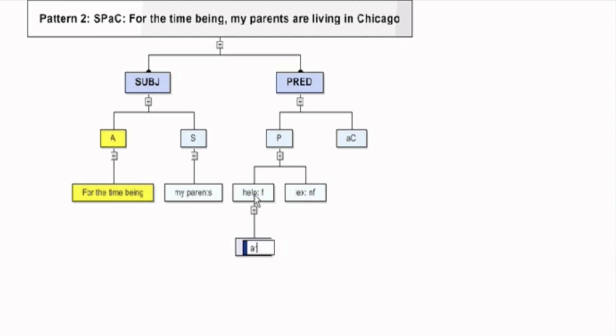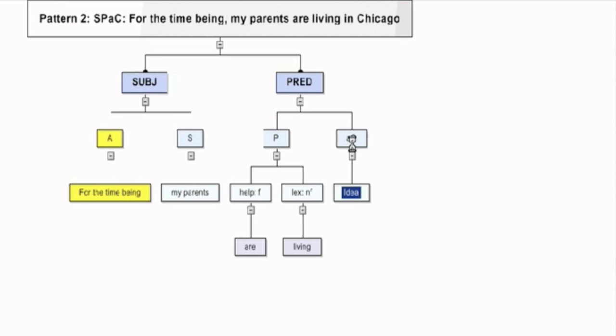So we have "are" and "living." And the adverbial complement is "in Chicago."